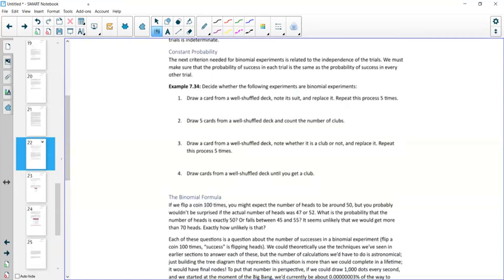We draw a card from a well-shuffled deck, note its suit, and replace it. Repeat the process 5 times. This is a binomial experiment. What are our possible outcomes? We haven't defined what success or failure would be. So our possible outcomes are getting one of the 52 cards. So not binomial.